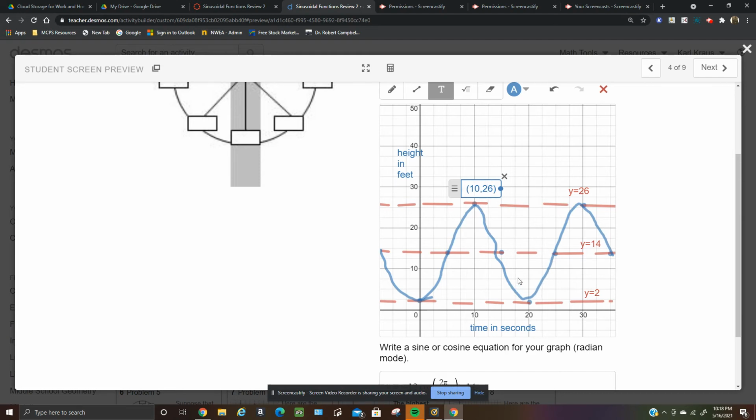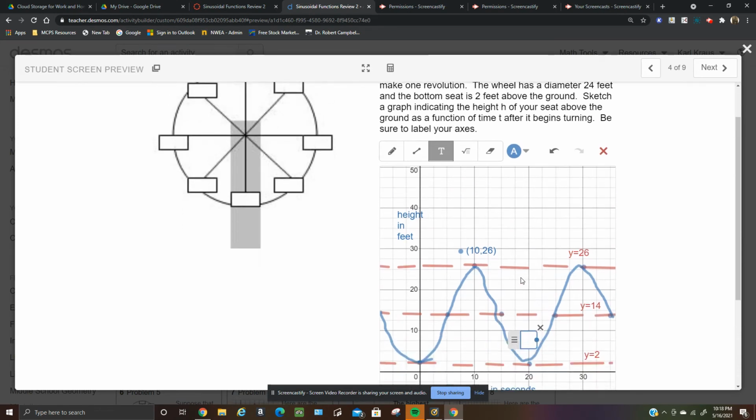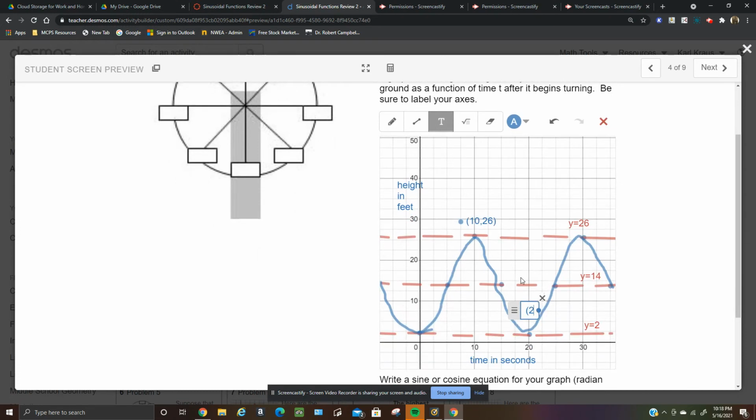And this point is (22.5, 14), and (15, 14). That would be one cycle.